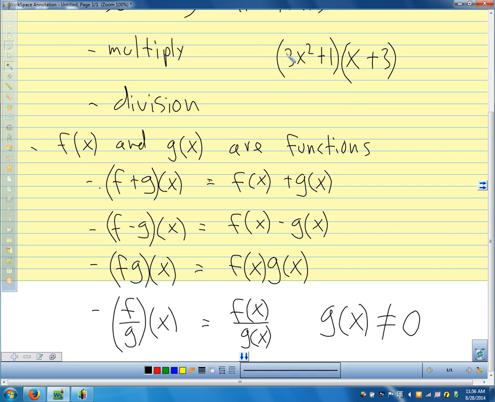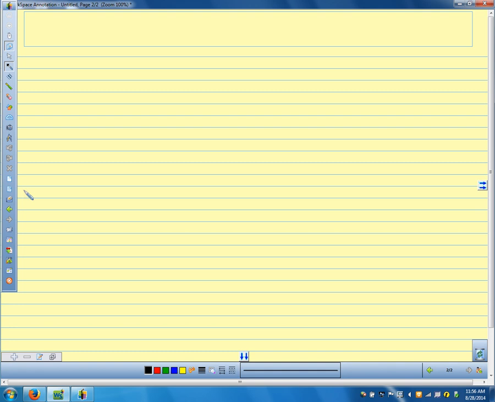We can substitute a function into a function. So we substitute numbers into functions. We can substitute a function into a function. Do we remember what that's called? What we call it when we substitute a function into a function? f of g of x, right? We'll talk about that in just a second. Do you remember what f of g of x is called?